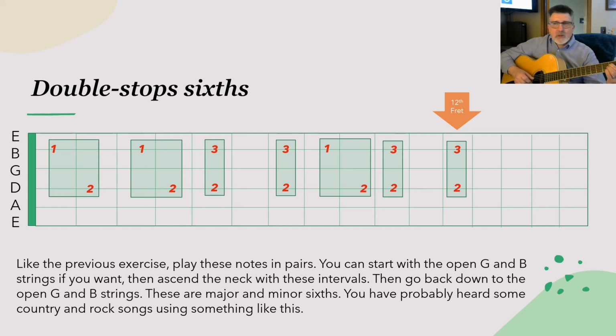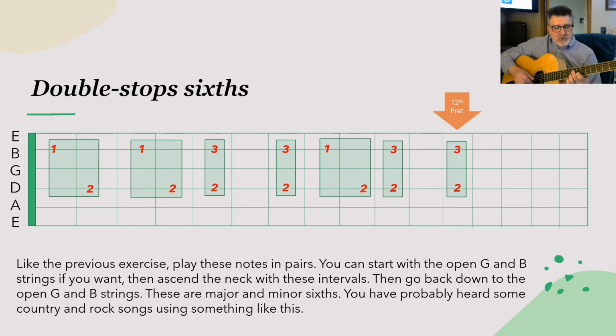Then we're going to shift up a whole step, shift up a half step, and go to the side-by-side shape with the 2 and the 3 on the 5th fret. Go up a whole step, go up a half step, and switch to the first shape.